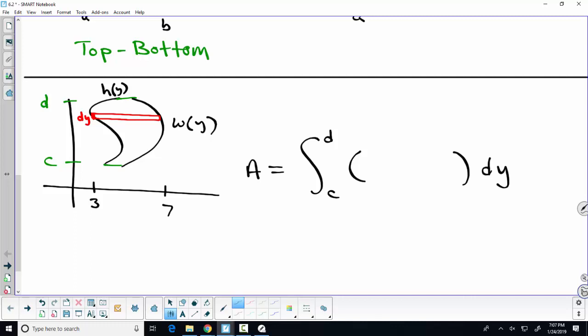How do we get 4? 7 minus 3. So generically we're saying it's right minus left, or in this sense, it's w of y minus h of y.